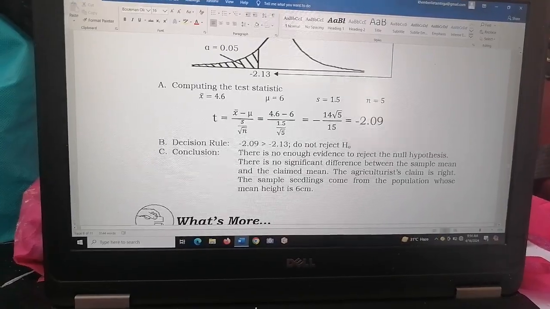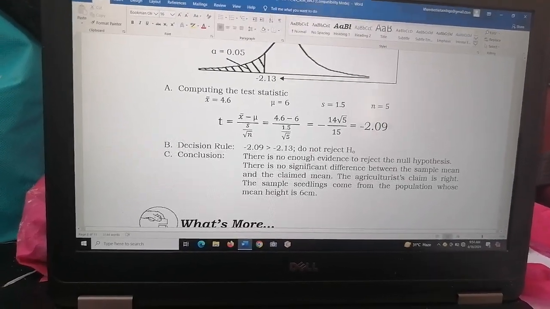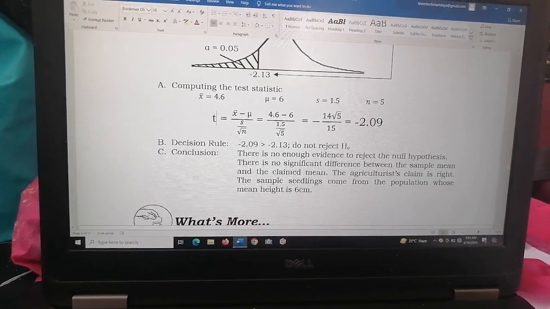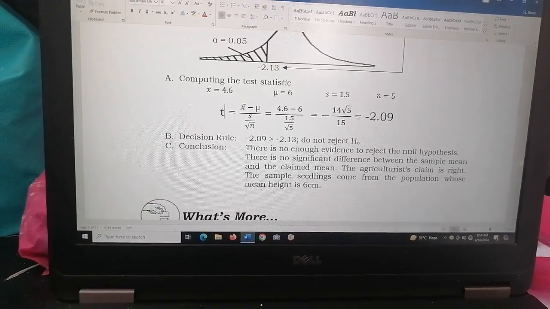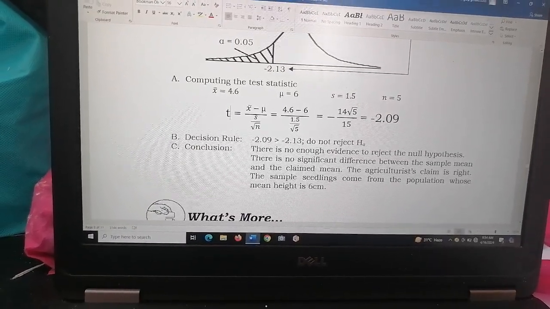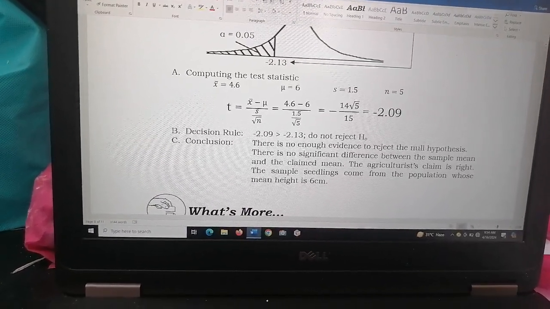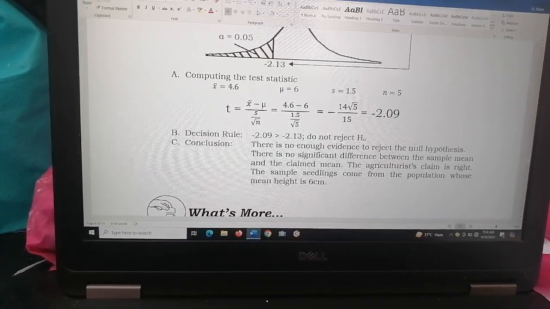So there is not enough evidence to reject the null hypothesis. There is no significant difference between the sample mean and the claimed mean. The agriculturist's claim is right.